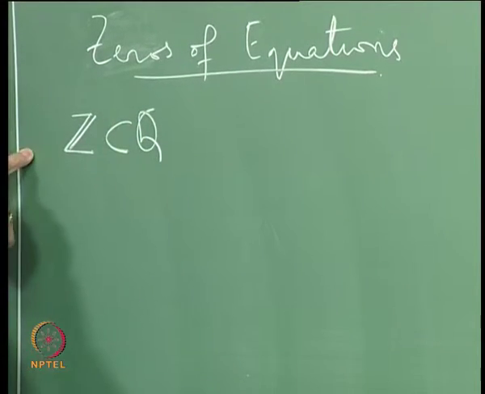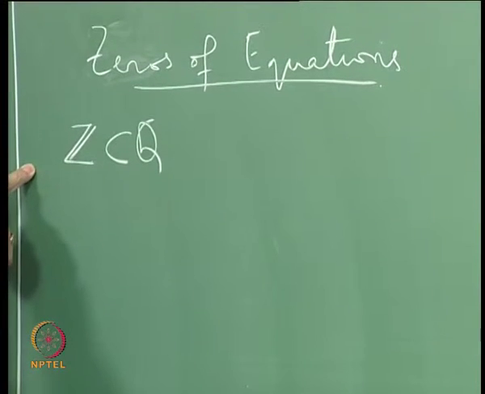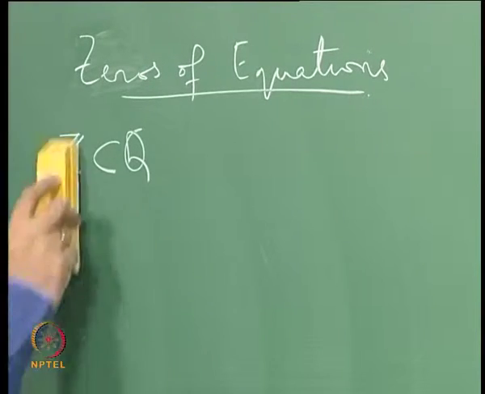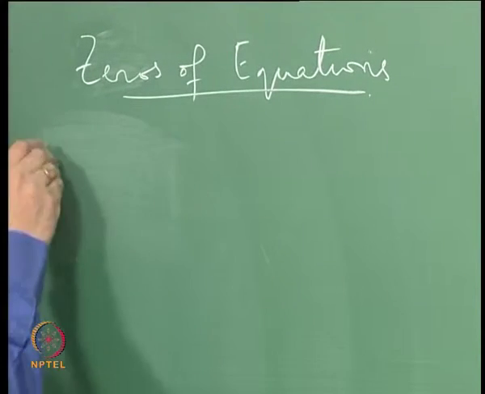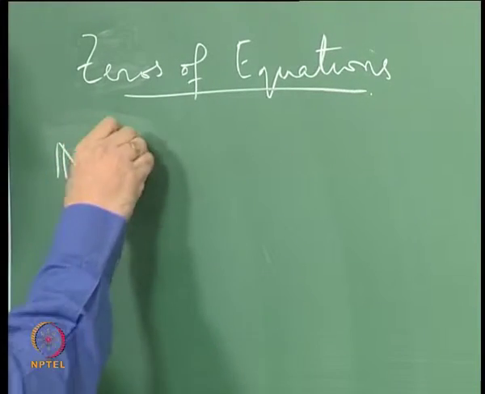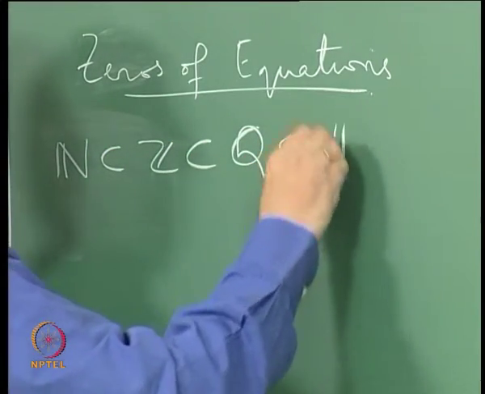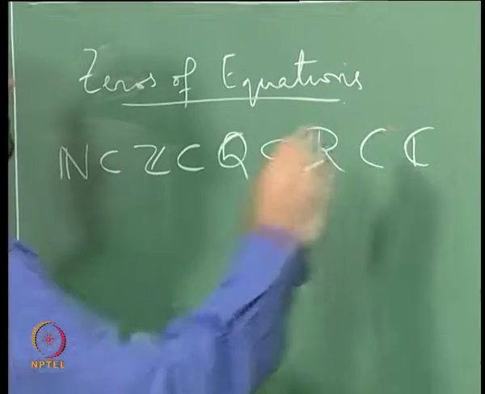Of course you could also take natural numbers before this, okay. Maybe I can even do that, it's not a big deal. I can take natural numbers, then extend them to integers, then there is a field of rational numbers, a field of real numbers, and a field of complex numbers.